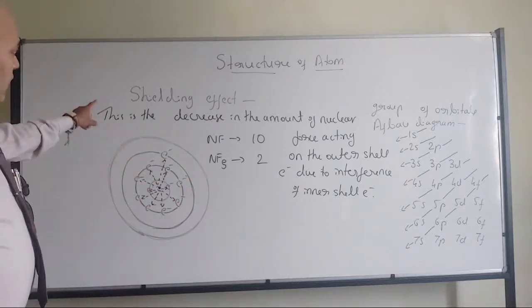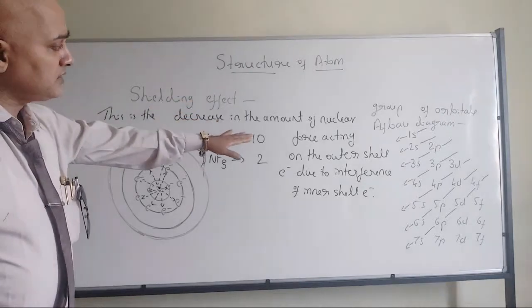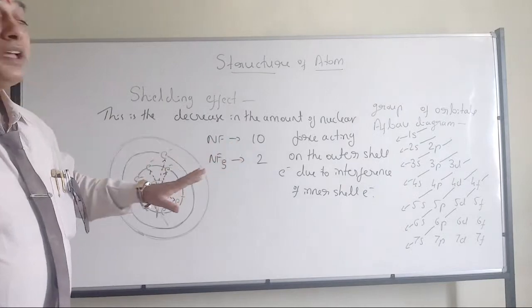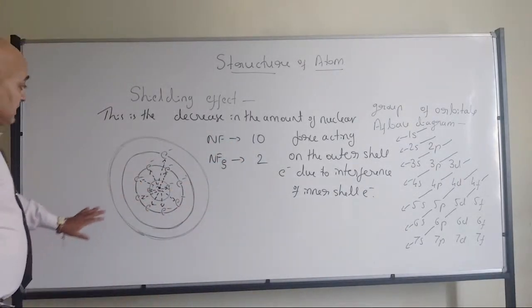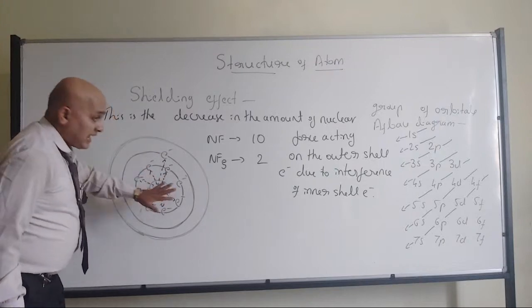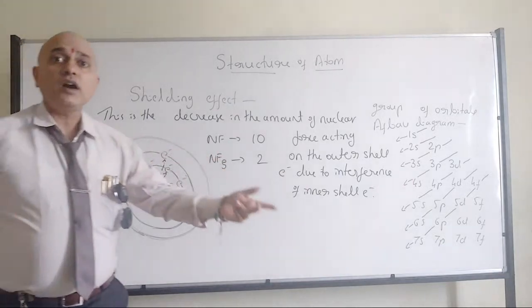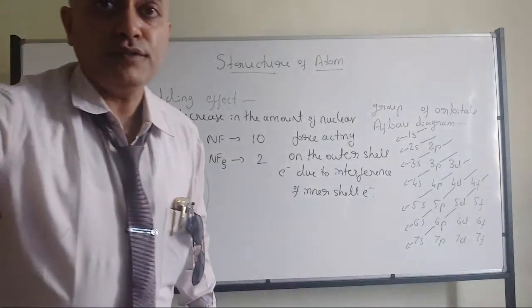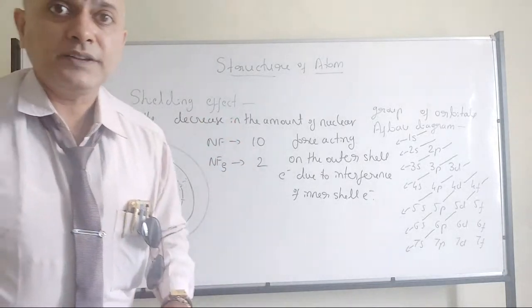Or this is the decrease in the amount of nuclear force acting on the outer shell electrons due to interference of the inner shell electrons. So that's where these inner shell electrons act as a shield for the outer shell electron against the nuclear force. Therefore it is called the shielding effect.